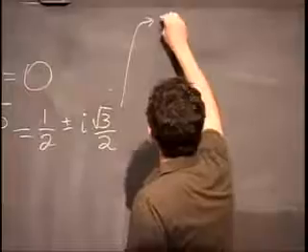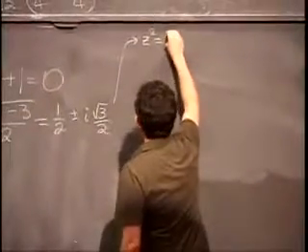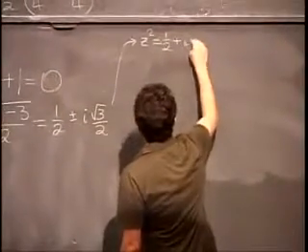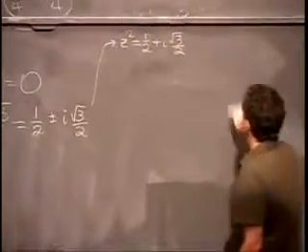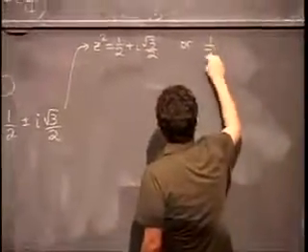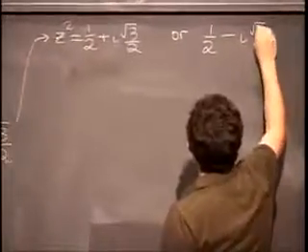So I'm trying to find little z. I have proved using the quadratic formula that little z squared is either 1/2 plus i root 3 over 2. So this means z squared equals 1/2 plus i root 3 over 2, or 1/2 minus i root 3 over 2.